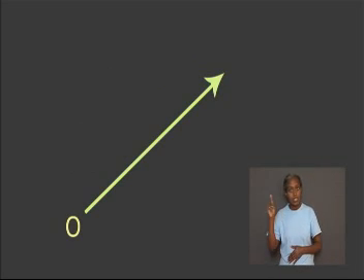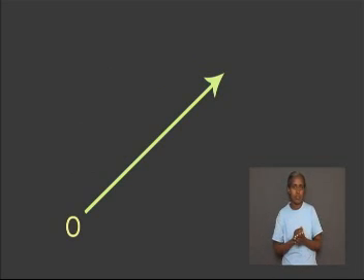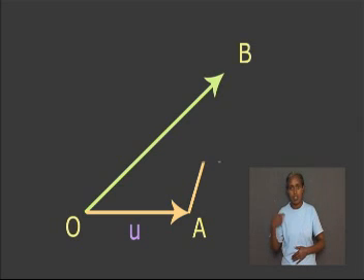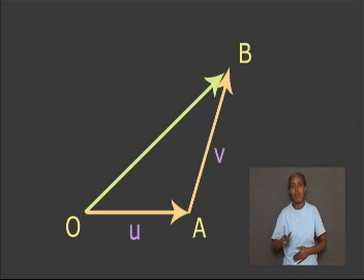Here is another example. From the origin point, we can draw a horizontal vector to point A of length u. From point A, we can draw a vertical vector of length v. Our result looks like this.